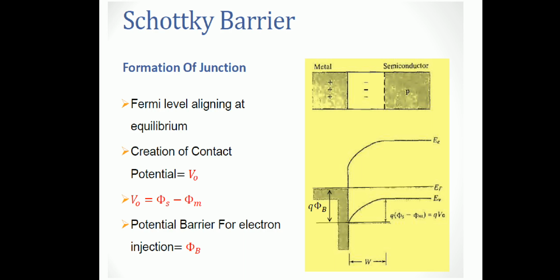W represents the depletion region width, and the potential barrier for electron injection is phi p. After this depletion region forms, further movement of electrons and holes does not happen. That is the Schottky barrier in p-type semiconductors.